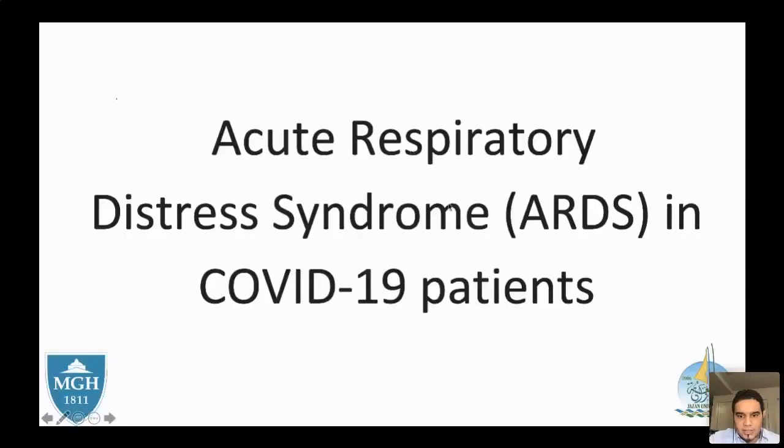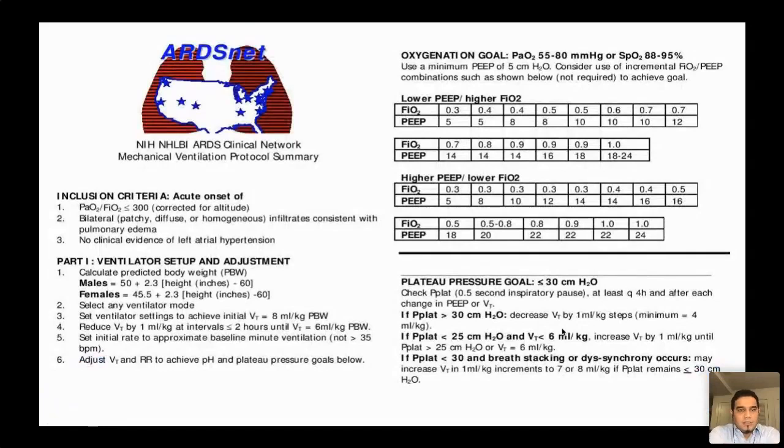All right, so I'm going to reshare my presentation, and I'll move on. This is the ARDS.net, and I will share it with you guys. It's a concept that multiple people were able to come up with. If you look up here, there's a little bit of difference from what I said, and I will discuss why there is a difference in the upcoming slides, including, number one, what tidal volume you should start with.